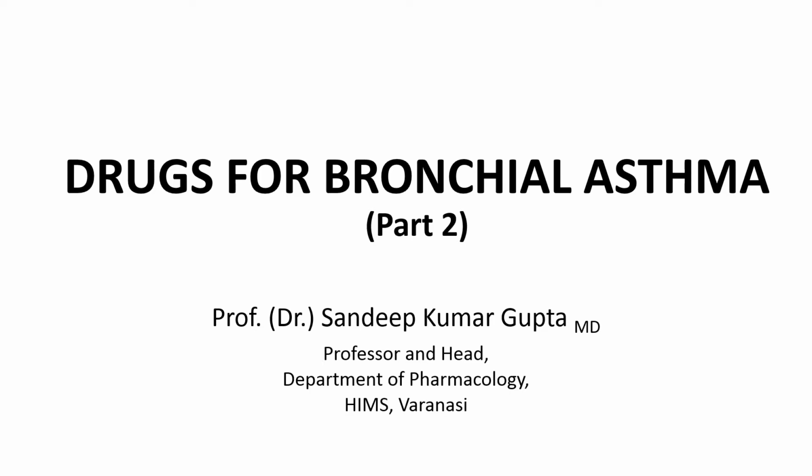So in the previous class we discussed the sympathomimetics. Particularly we discussed beta 2 agonists and why we prefer beta 2 agonists and why we do not prefer drugs such as adrenaline or isoprenaline.